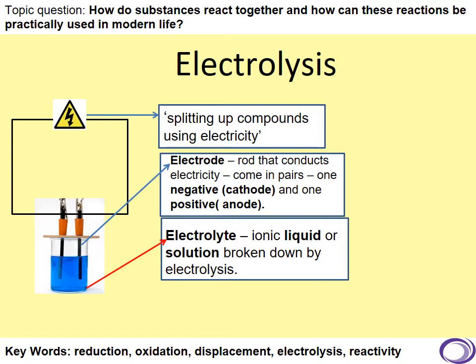And you can see here on this diagram that we have electricity, and that the solution is known as an electrolyte, and then we also have electrodes. It's important that if they ask you to draw this setup in an exam, that you actually draw it as a full circuit, including the power supply.